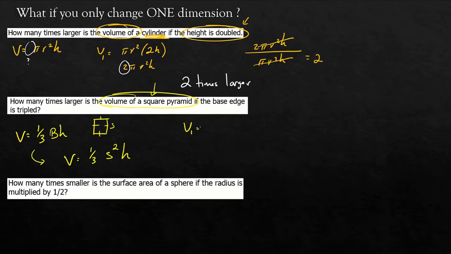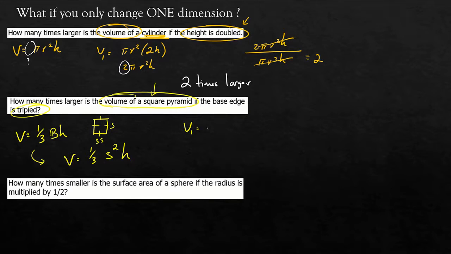The new one, they're telling you the edge is tripled, right? So if one of these edges is 3 times s, what we've got to worry about here is that if you triple the edge, that means you're tripling all of them, right?